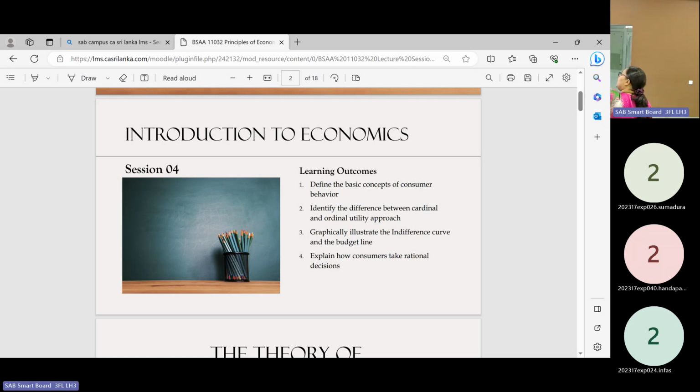Can you see some circle and dot in purple? No, madam, we can't see that. Alright, I will shift to the smart whiteboard later on, no problem.